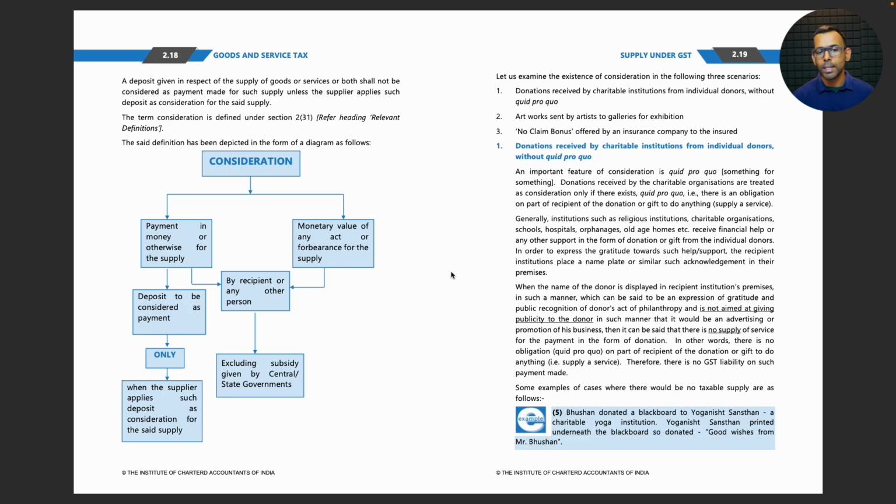The term consideration is defined under section 2(31) as follows: consideration is payment in money or otherwise for the supply, monetary value of any act or forbearance for the supply. A deposit is to be considered as payment only when the supplier applies such deposit as consideration for the said supply.